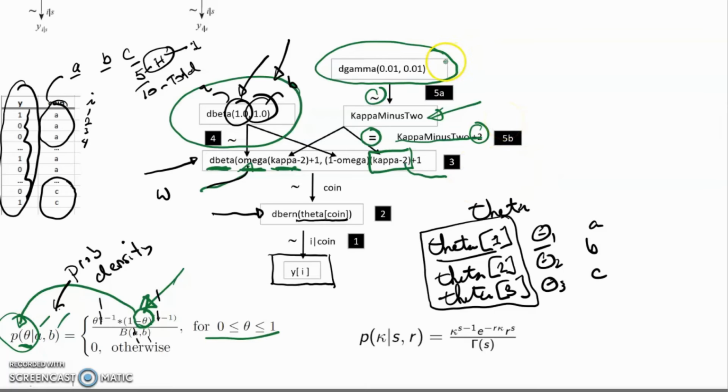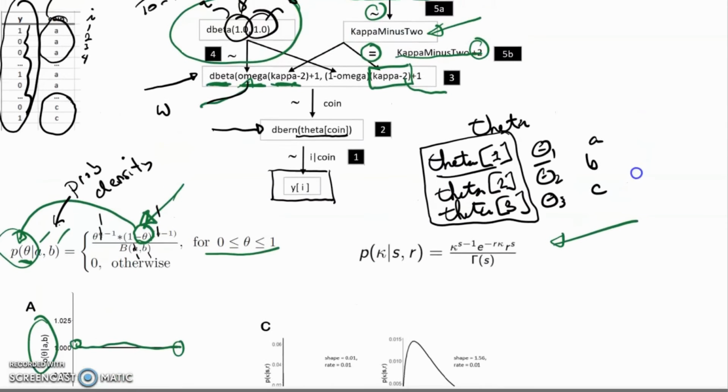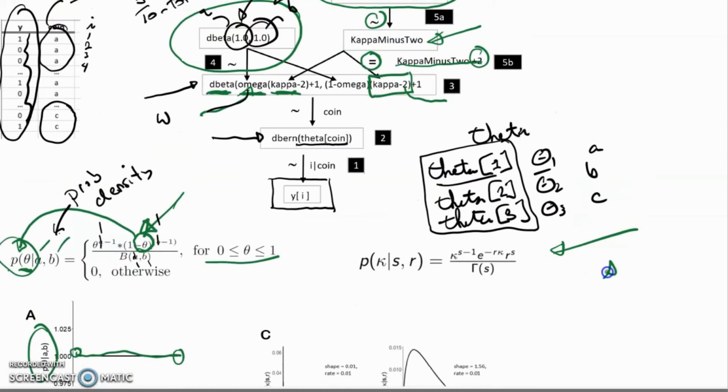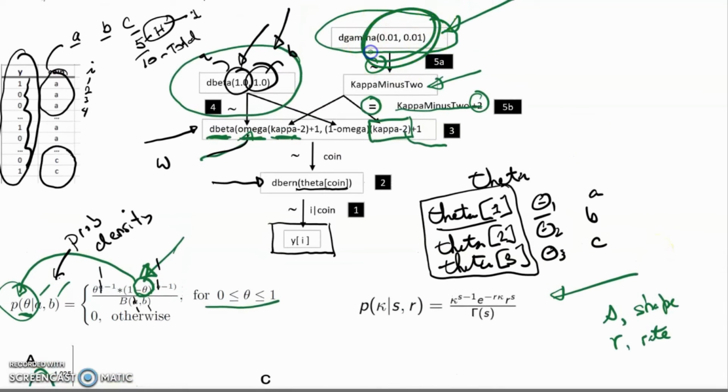So now let's think about what the heck this gamma(0.01, 0.01) means. Well, this is the formula for a gamma distribution, and it's got these two parameters. S stands for shape, and R stands for rate. And we specified that both of those are going to be 0.01.